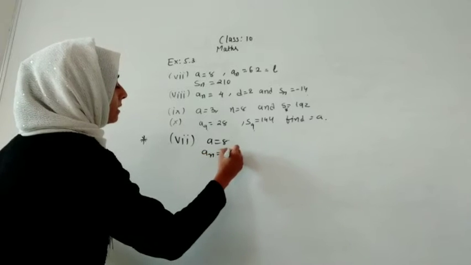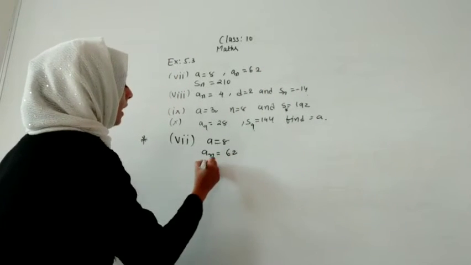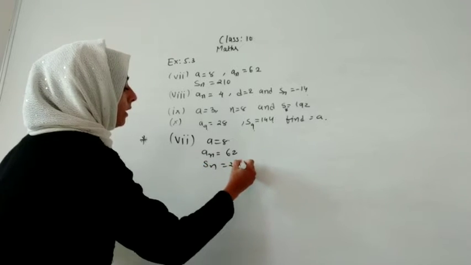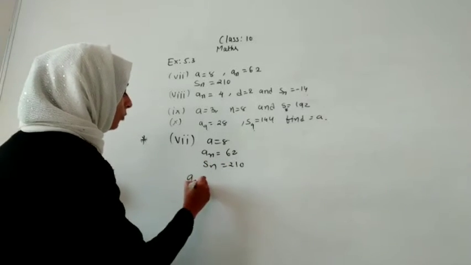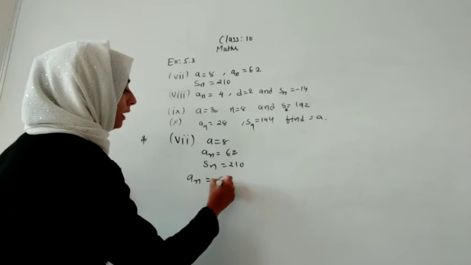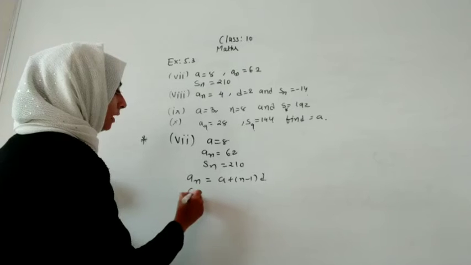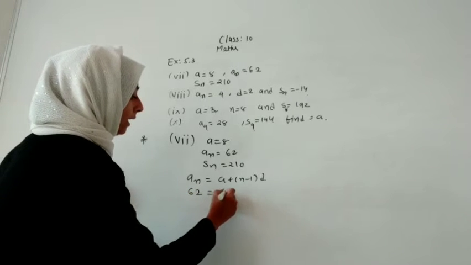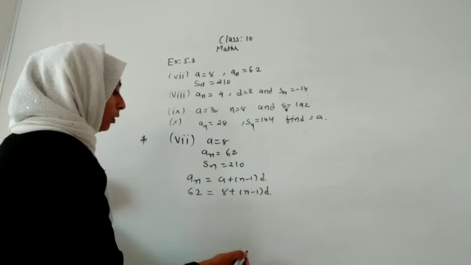The last term, which is in the form of l, is given as 62, and Sn is given as 210. Many things are missing here. Let us see. If we use the formula of an, that is a plus (n minus 1) into d, we have an as 62 and a as 8, but n minus 1 and d we do not know.